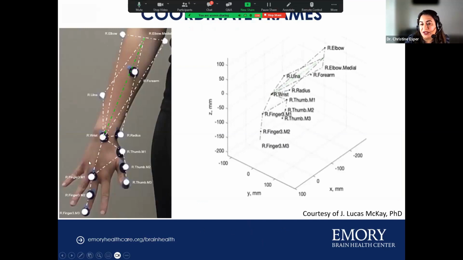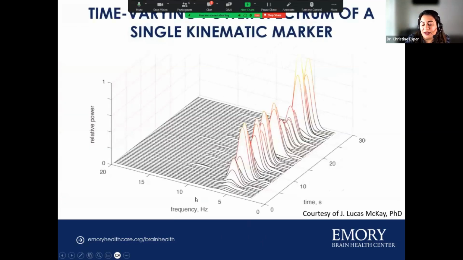So here's a depiction of how we analyze the data and all the different markers on the hand. As part of our tremor analysis workflow, we also do what we call a waterfall plot, which is described here. We use the time varying power spectrum of single markers. We have the frequencies on the axis here and the relative power over here. You see that these windows are overlapping every 2 to 3 seconds.